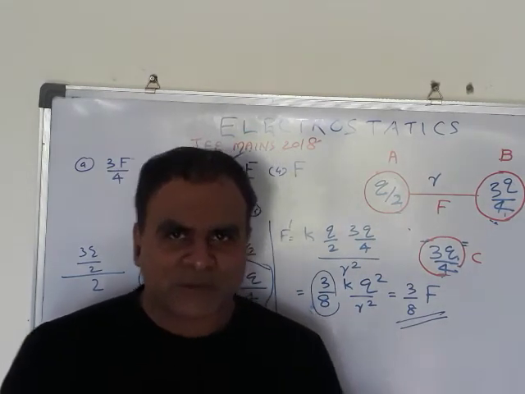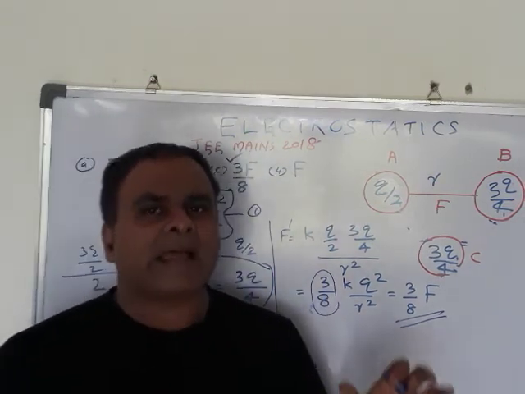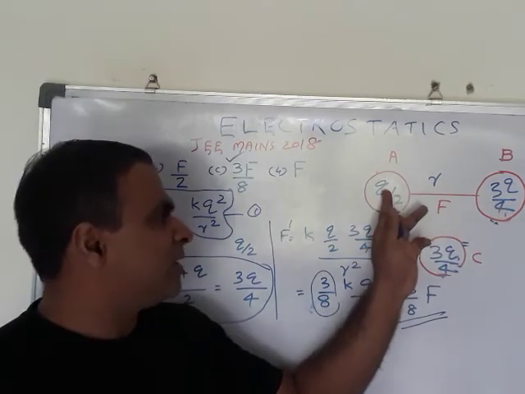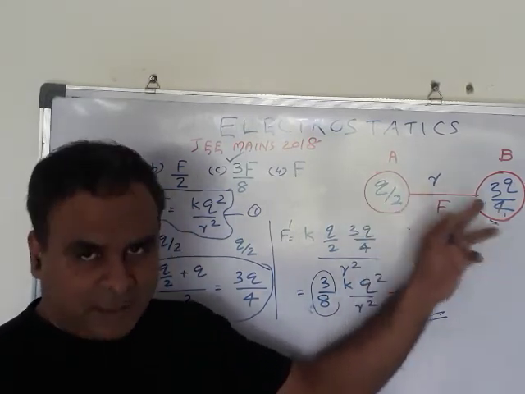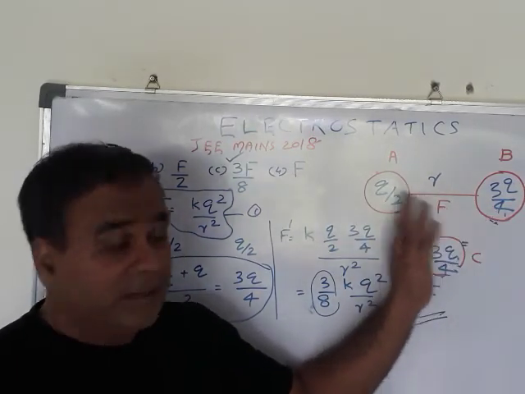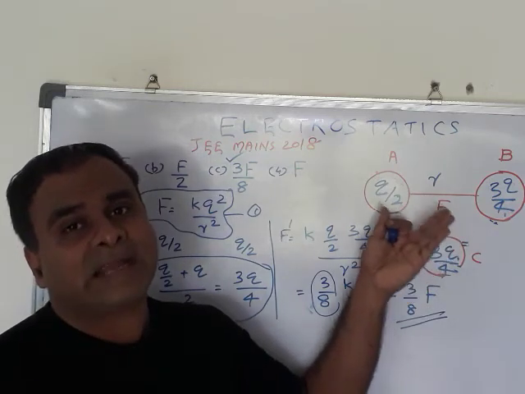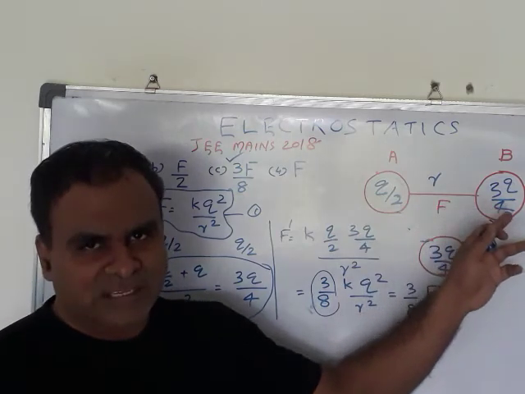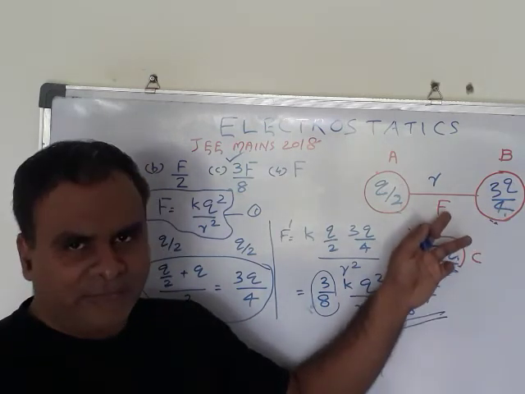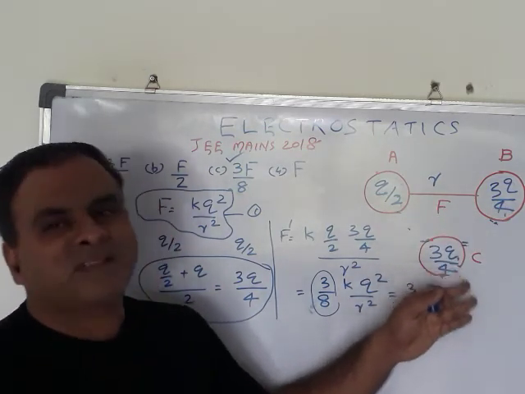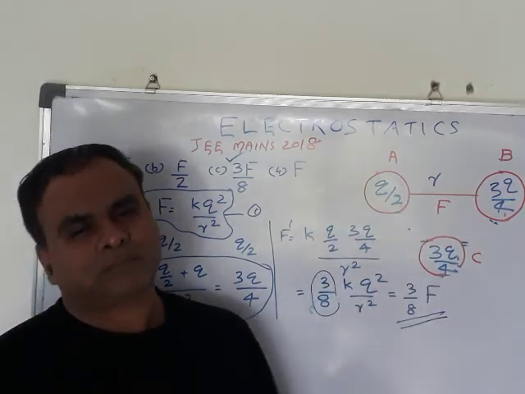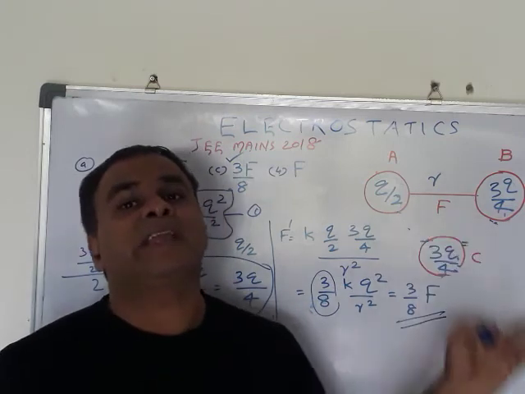So you understood this. Once again I am explaining: A and B are two spheres separated by a distance r, they are not telling us r, we are assuming it. They have charge q each, so they have a force F. After that we bring another sphere C. When it is in contact with A, that charge q will be equally shared.